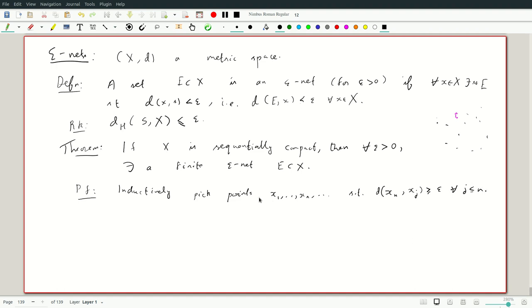So inductively pick points, all these points in X, if possible.